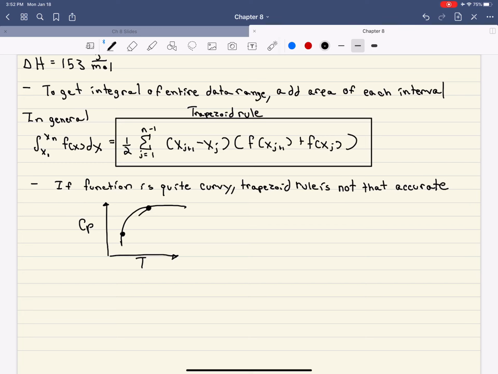If we drew a trapezoid here, the area would be the shaded in part, but then there's this part that's not included in the trapezoid, right? It's not counted. So the area encompassed by the trapezoid is actually a little bit less than the total area underneath this section of the curve. So here's just one example.